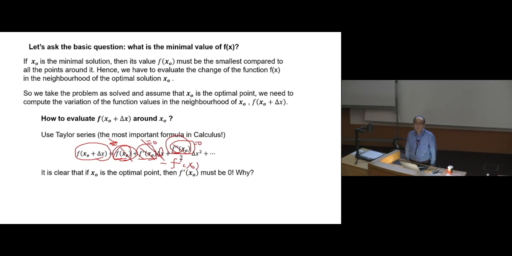Is it required to be 0? Of course. You will follow the same argument. If it is not 0, you can always find the delta x to make it smaller than f(x0). But the fourth order derivative will decide whether it's a minimum.